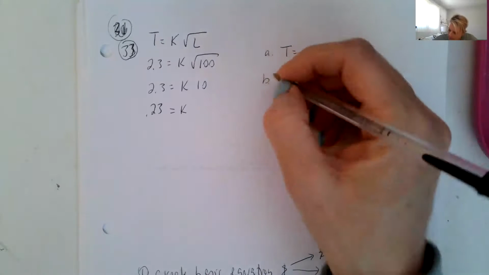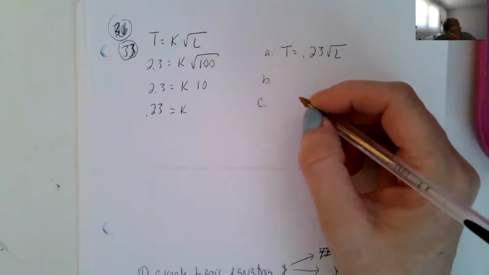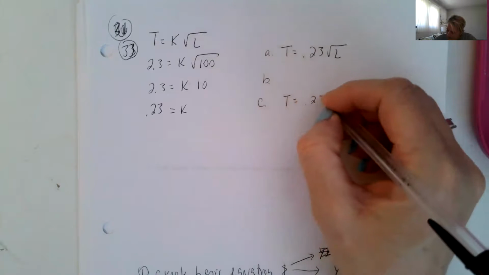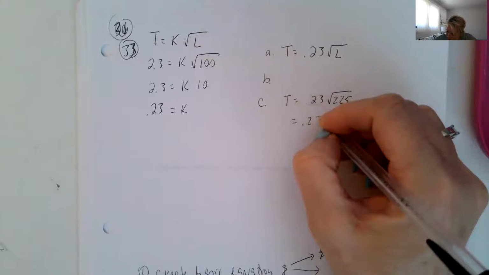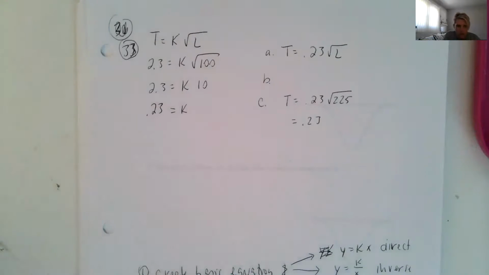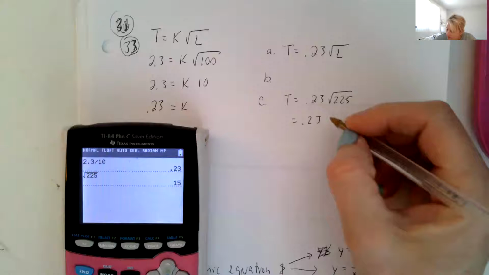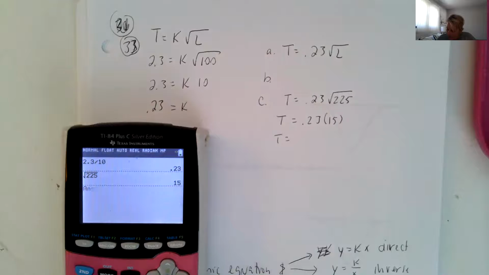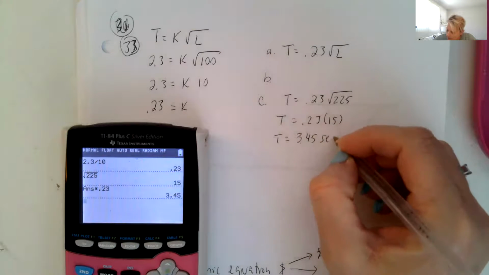We can do that in Desmos. C says, how long does it take to complete one period if the pendulum hangs 225 centimeters? So the time when L is 225. The square root of 225 is 15. We multiply that by 0.23, and it looks like it's going to take 3.45 seconds.